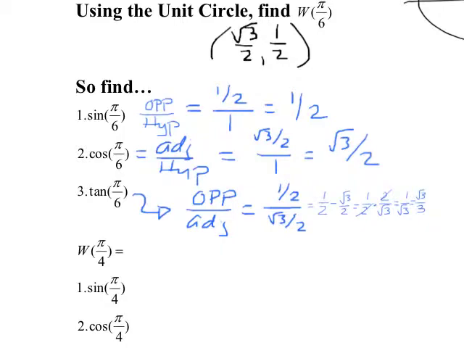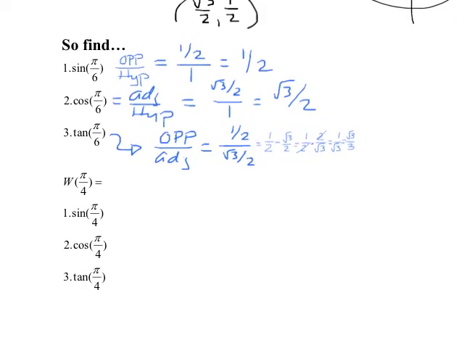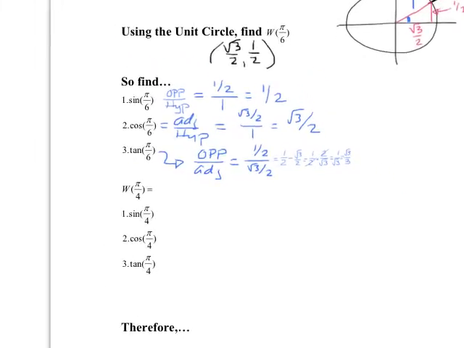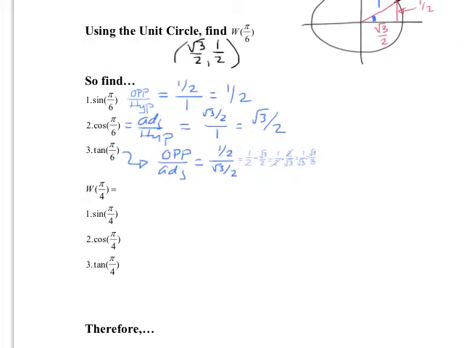So let's try one more. Let's say we talk about the wrapping function for pi over 4. All right, well, if we want to start fresh here, on the unit circle, pi over 4 is about halfway. Okay, it's up here. Hopefully you have this one memorized.